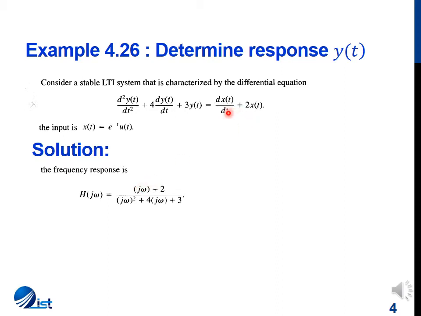So for this first derivative we have jω, and for this x(t) we just have 1, so the coefficient comes here as 2 into 1. Similarly, the coefficients for the output come in the denominator. So we have highest power 2, so we have (jω)^2 plus 4 into the single derivative, which is jω, plus 3 for the constant term.